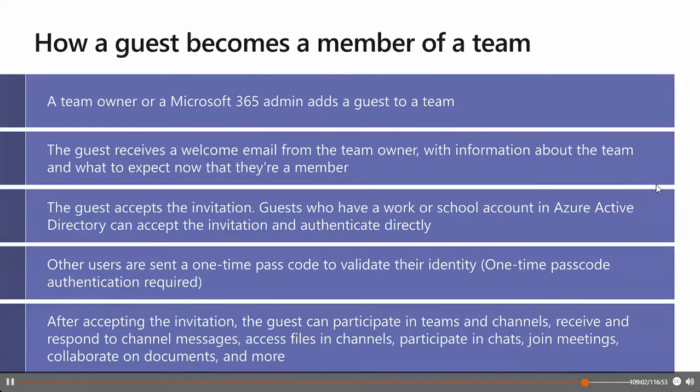That's specifically the case when you just have a mailbox on the other side, which is not covered by an Office 365 service itself. Basically, the guest can participate in Teams channels, they can receive and respond to channel messages, and access files. It really depends on your scenarios what you cover in this specific case.